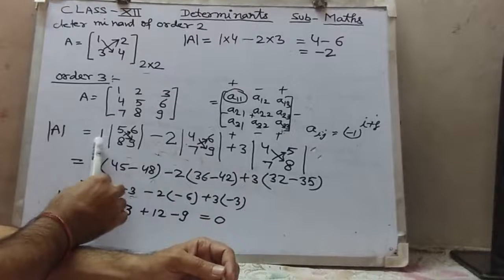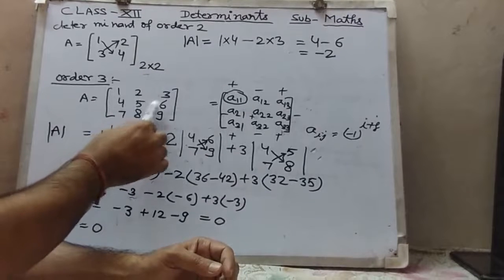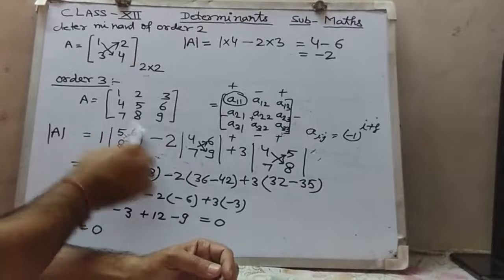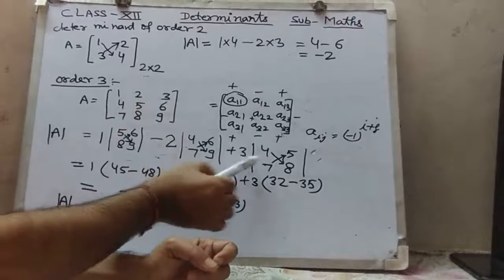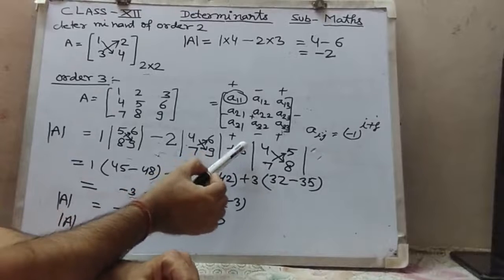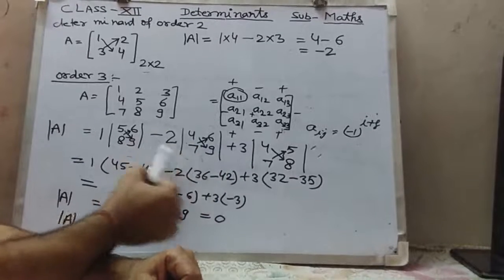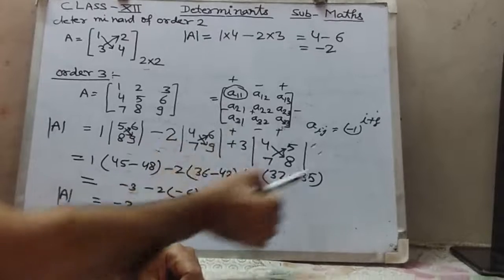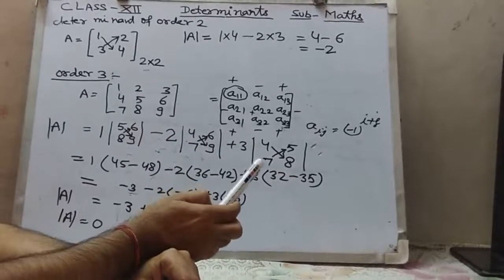As you have seen here, firstly we are writing the element, then writing the determinant of order 2. Means this element is being multiplied with this determinant. What will happen if this is 0 or this is 0? This whole will become 0. Means calculation will be more easy.